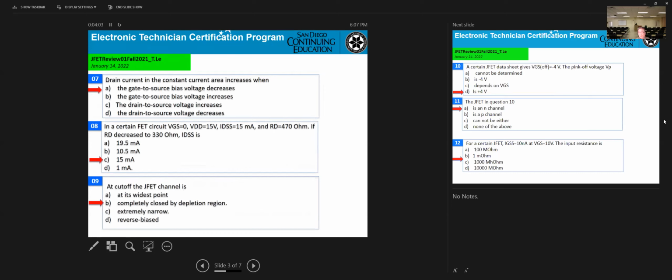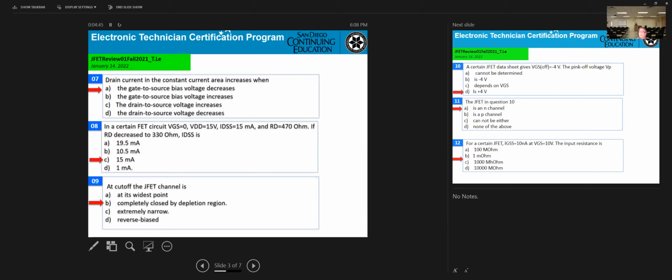If you're looking at the graph, the voltage and the current ID, if you try to increase the current, the gate-to-source bias voltage will be decreased. You understand VGS 0 and the current goes to the maximum IDSS. Okay, number 7 will be A.